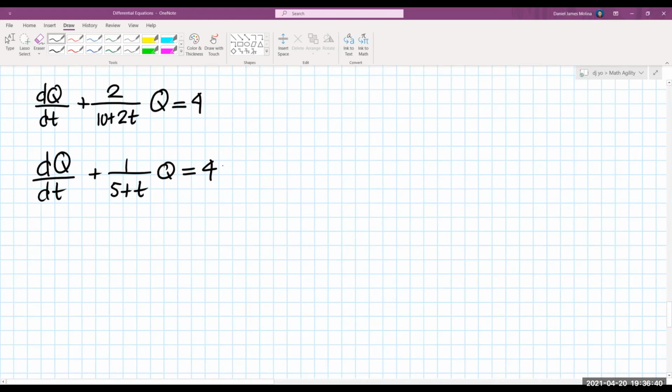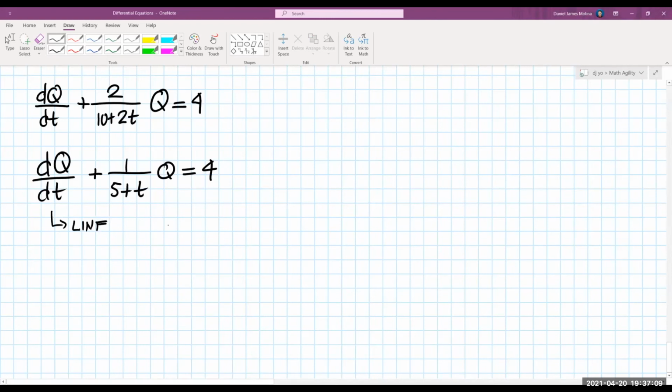But this time I'll present to you another way of solving, because this differential equation is actually another type of linear differential equation, which is the linear ordinary differential equation. So linear ODE, linear ordinary differential equation.